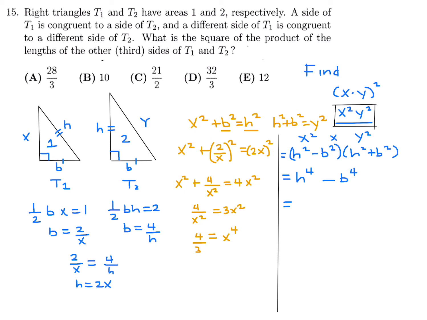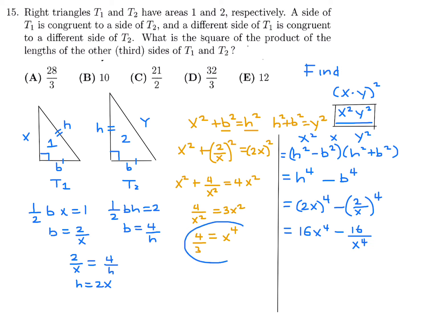Okay, well, I see now. I can substitute this. So h is 2x, so that's going to be 2x to the power of 4. B is 2 over x, so that's going to be 2 over x to the power of 4. So that gives me 16 x to the power of 4 minus 16 over x to the power of 4.